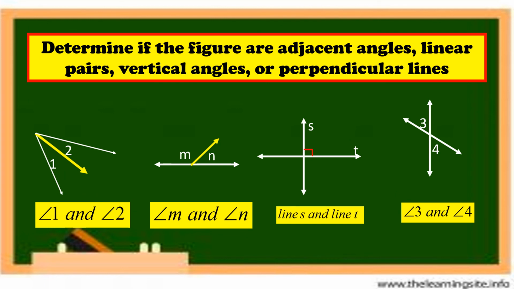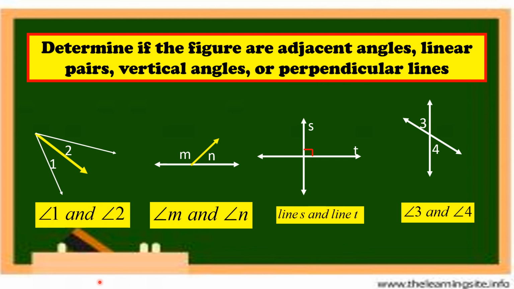So determine if the figures are adjacent angles, linear pairs, vertical angles, or perpendicular lines. We are in the first number. We have angle 1 and angle 2. What can you say about angle 1 and angle 2? Do you think the angles are adjacent, linear, vertical, or perpendicular?